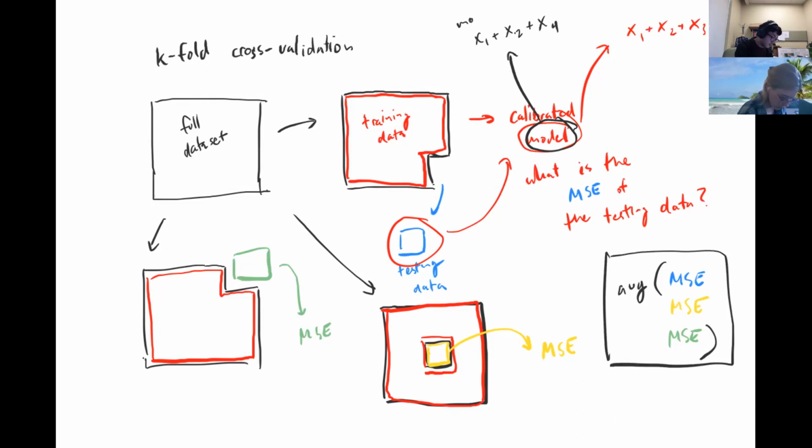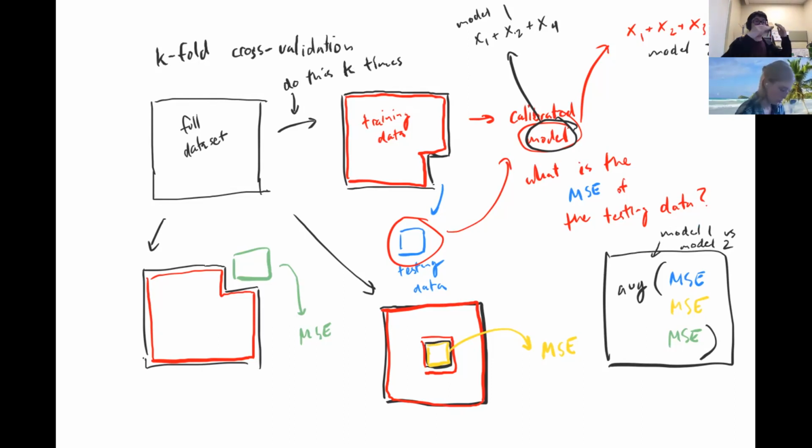If this is model 1 and this is model 2, I can compare this metric for model 1 versus model 2. You do this k times. That's why it's called k-fold.